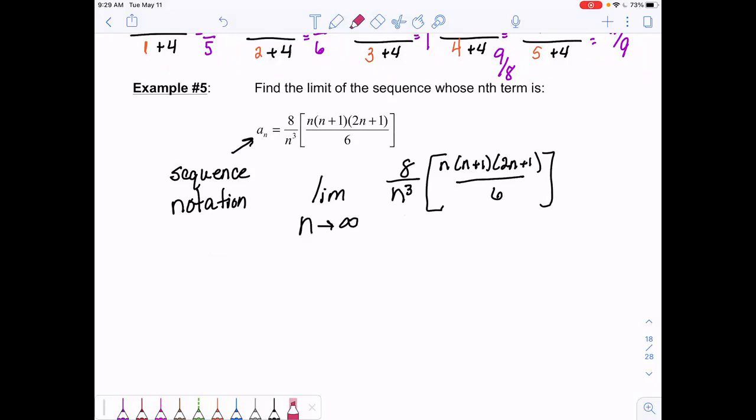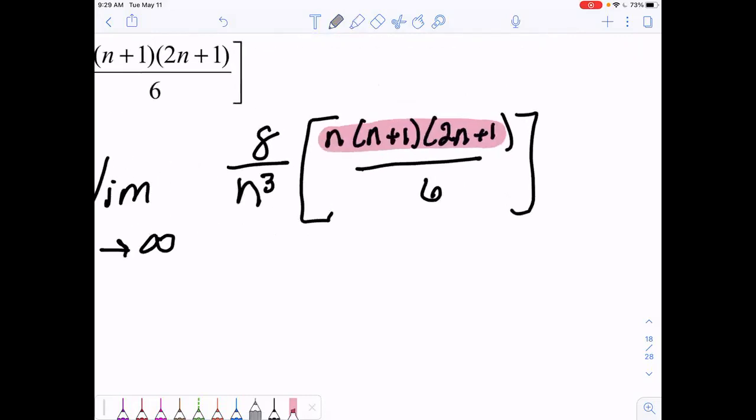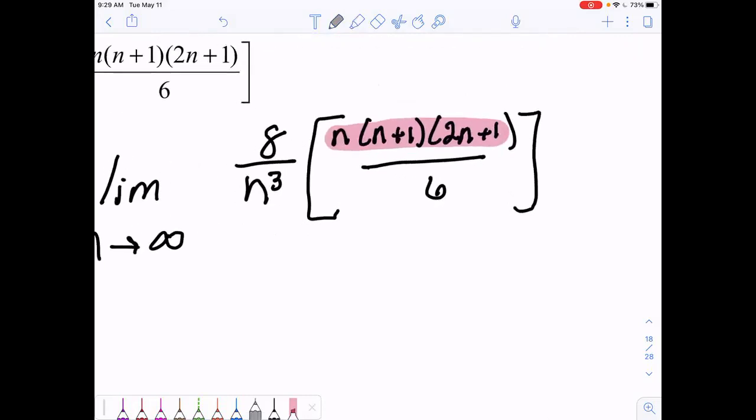Yeah, so he said, distribute, multiply those terms together and compare the degrees of the numerator and the degree of the denominator. So if we look at the inside here, Peter, and you FOIL n plus 1 times 2n plus 1, what does that give you?